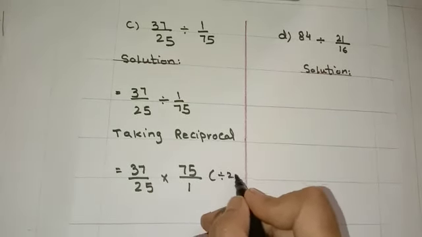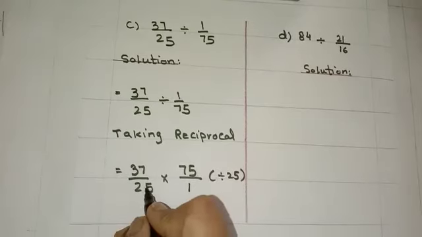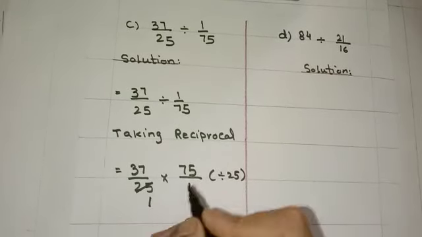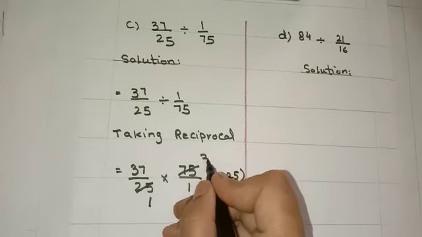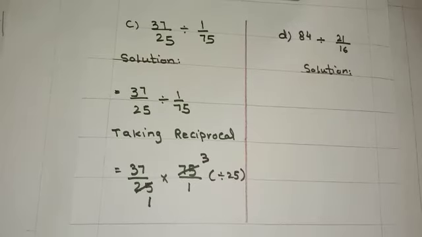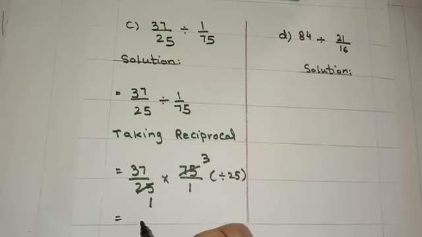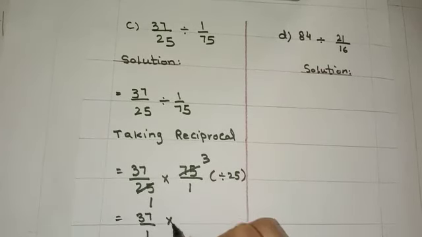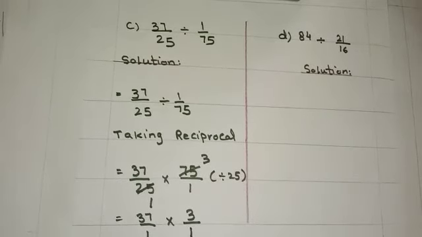Divided by 25. Here we have 25 ones are 25, 25 threes are 75. 25 ones are 25, 25 twos are 50, 25 threes are 75. Now 37 over 1 multiply by 3 over 1. No cutting is possible.